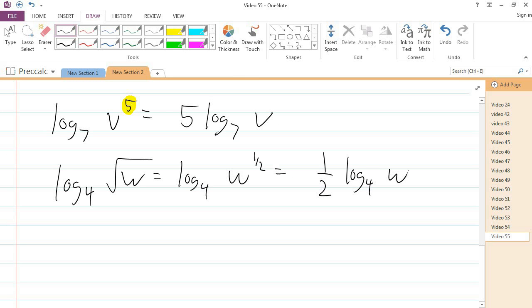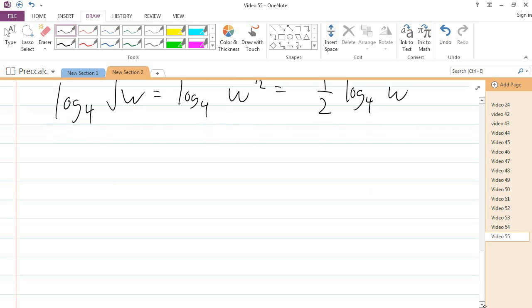Let's take a look at a few more examples where we maybe use these two properties together. Log with 10 as a base of x to the 5th y squared. Well, the multiplication of x and y lets me break this up into 2 separate logs.